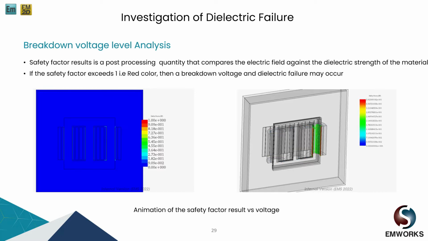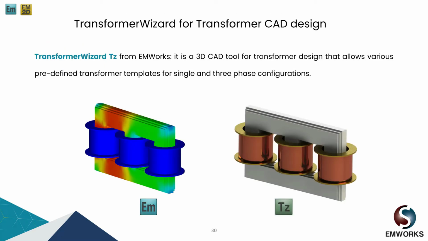Now we will have a quick demonstration of Transformer Wizard, which is a CAD design software for transformer applications. It helps to automatically generate both single phase and three phase transformers through templates that come with the software.